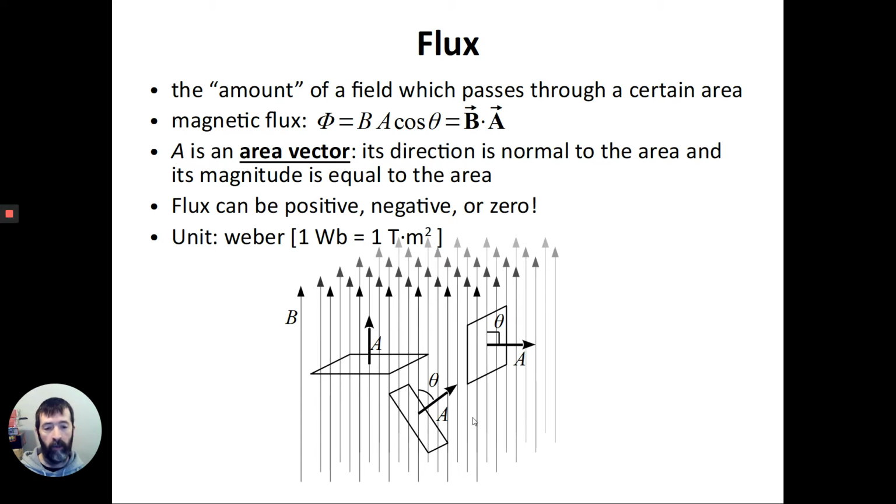If I begin rotating my area, I'm going to be catching fewer of the field lines, so the flux goes down. And if the angle is 90 degrees, then I'm not going to catch any field lines, because the field is hitting the rectangle edge on, but it has no thickness because it's just an area, and so there's no interception there. Flux can also be negative if I were to continue rotating that rectangle so that the two vectors pointed in opposite directions. Then you'd get a negative value.